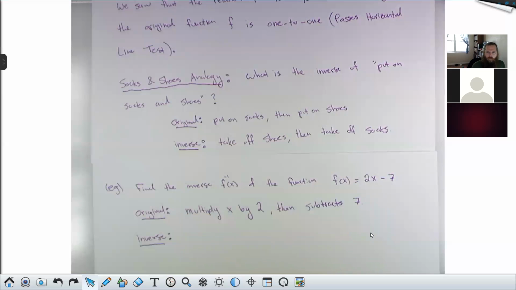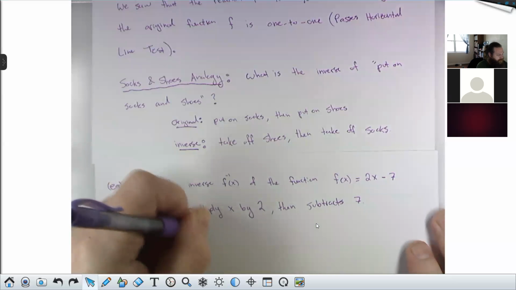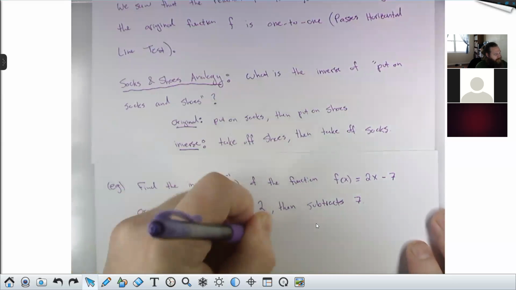But in what order? Good, right? We have to reverse each operation and we have to do them in reverse order. So what Logan said in chat is exactly correct. First, we're going to add 7, then divide by 2.